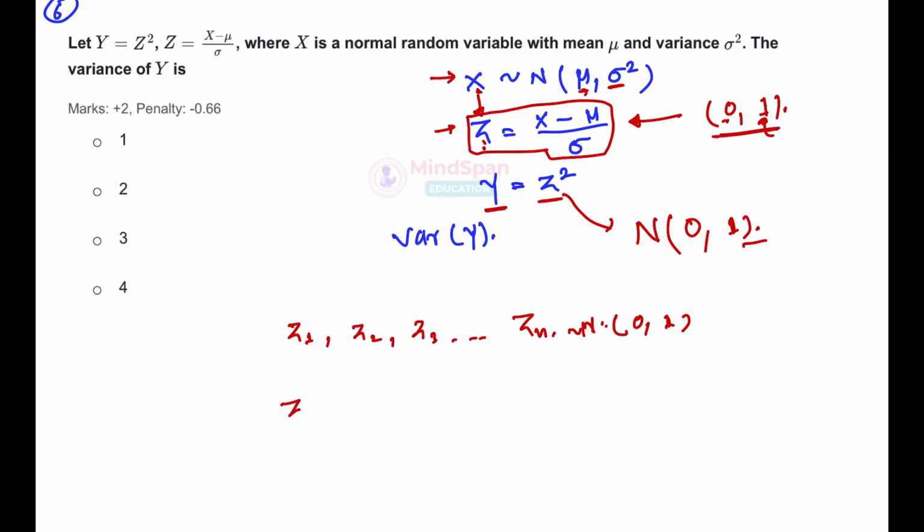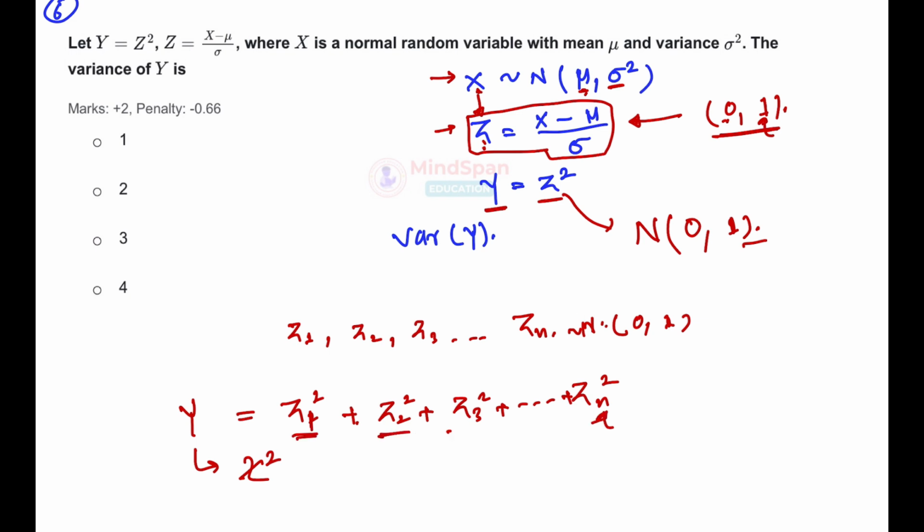You take the squares of these random variables, z1 square, z2 square, z3 square up to zn square, and add all these. What you get, let's say y, is a chi-square distribution with n degrees of freedom. So how many terms you have added determines the degrees of freedom.